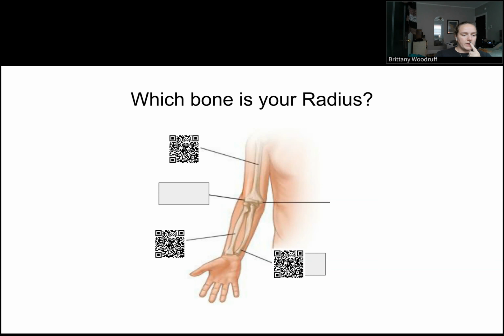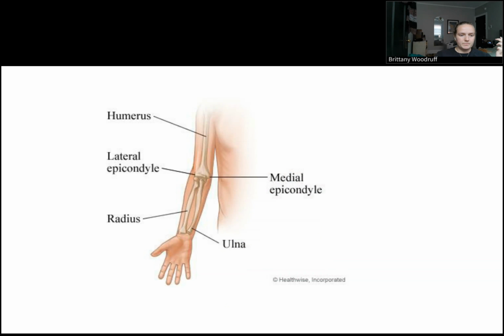Why is it B and not A? Because the radius is where the thumb is. Exactly, it's on the thumb side, which means the ulna is on the other side. Even if you're blanking out on that, you can look for the one that has the wider spot by the wrist, so it has that triangular shape towards the wrist.